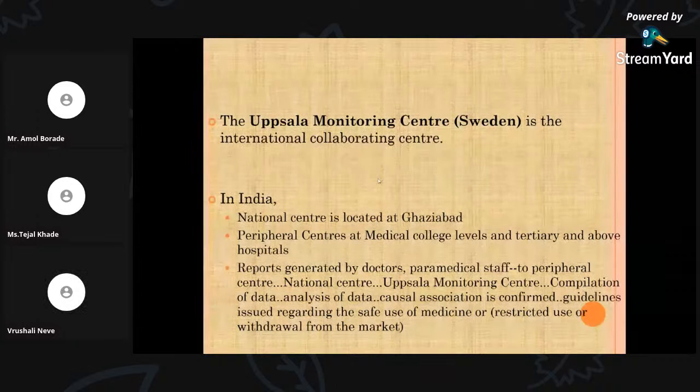Okay, so this is the whole process of how the reporting and monitoring of ADR goes on. First, any paramedical staff or doctors will report the ADR to the national center, that is, the Ghaziabad center.